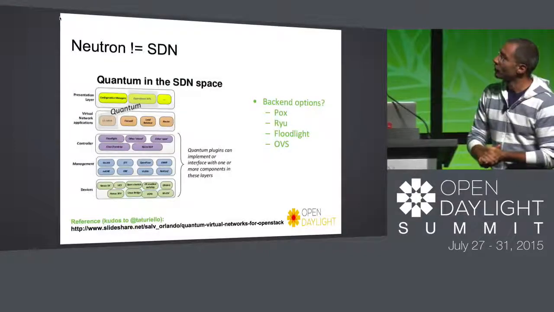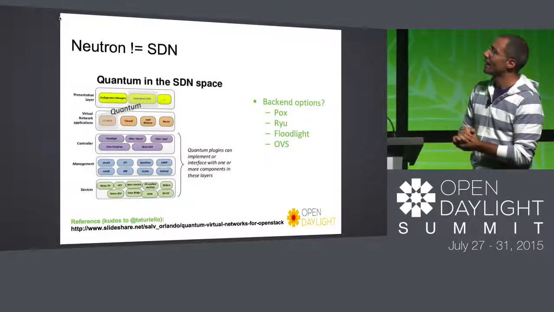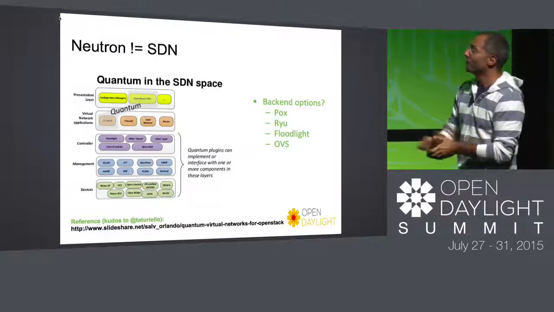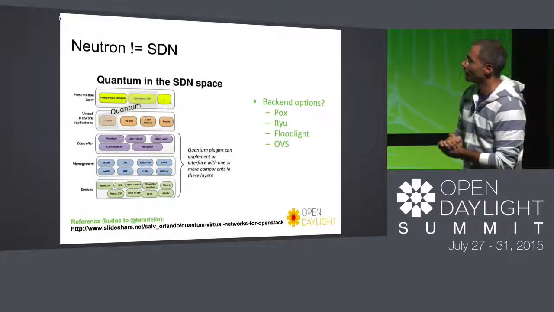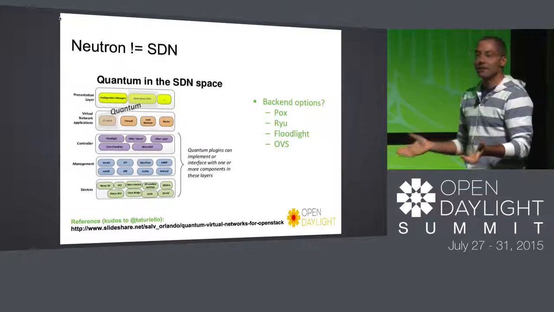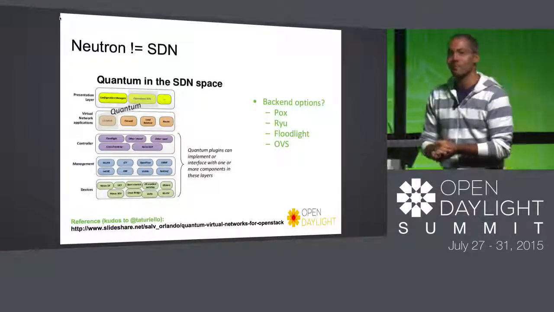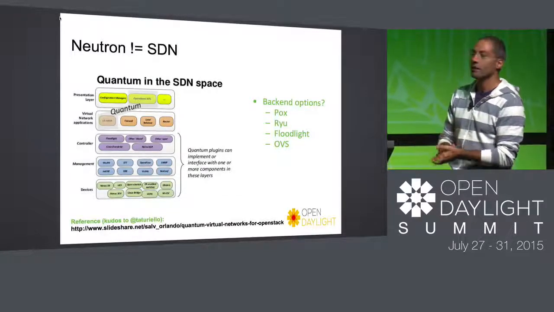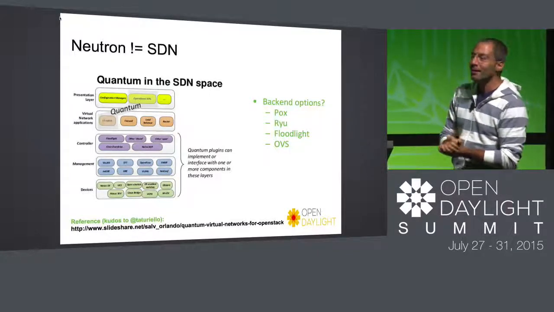So here I'm borrowing a diagram, quite an old diagram that still references Neutron as Quantum, as it was formerly known, by a good friend of mine, Salvatore Orlando. So Neutron is not SDN. Some people might think it is, but there is a misconception here, and Mark here can back me up.